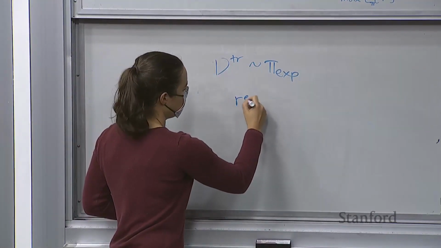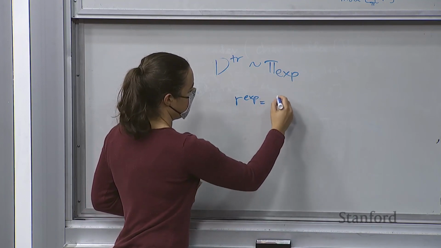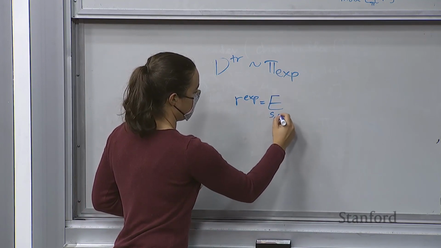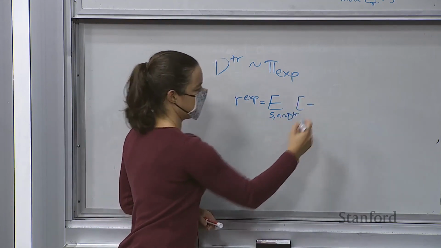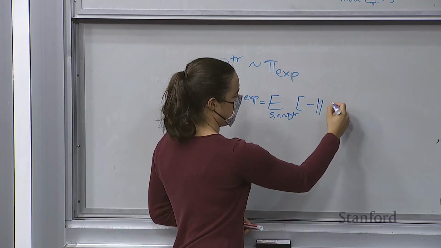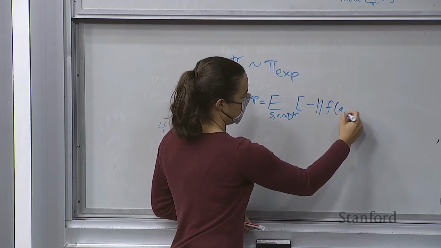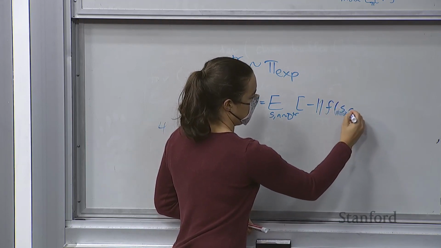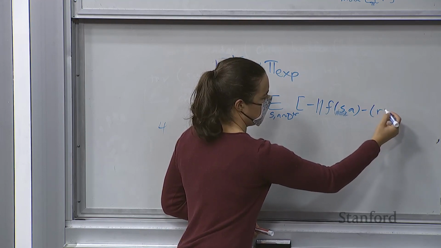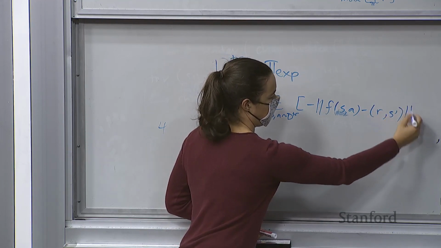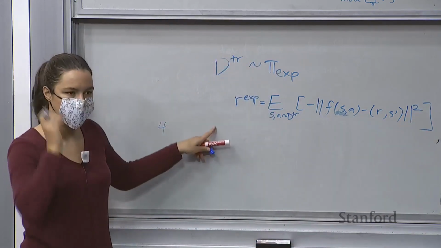So the reward for exploration will be for the state action pairs in this collected experience: what is the negative error, which is f of s, a minus r and s prime. So this is the full equation for the reward.